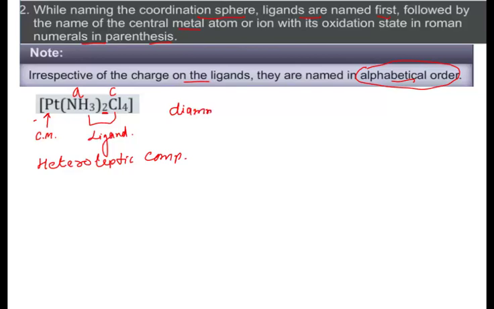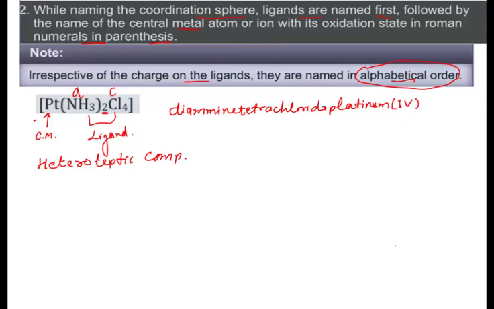diamine, and then it will be chlorine 4 times, so tetrachlorido, and then platinum, oxidation state will be 4, platinum 4.